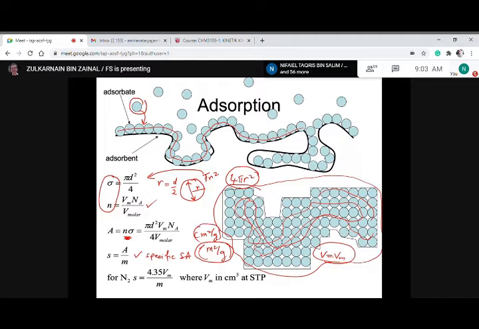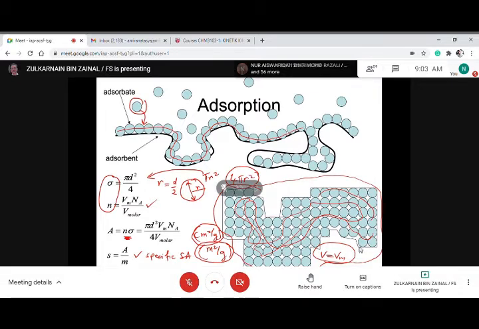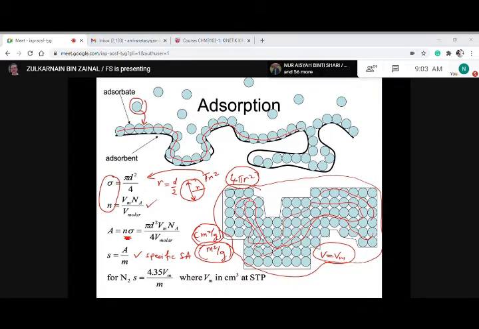So meaning that when you do the calculation, you have got to make sure that the unit is right. If it is in nanometer, then you got to make sure what is in meter. For example, the D value will be in nanometer or in Angstrom, so you got to change that to meter.